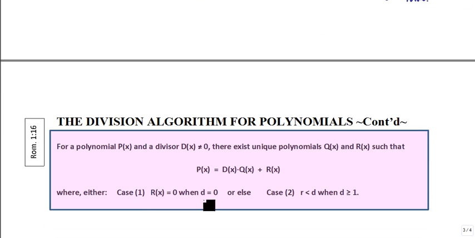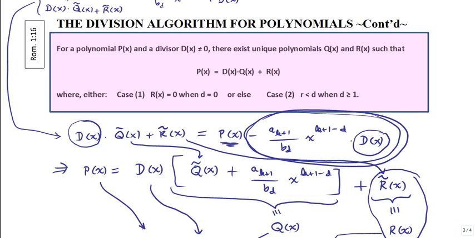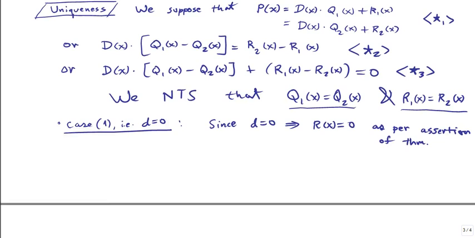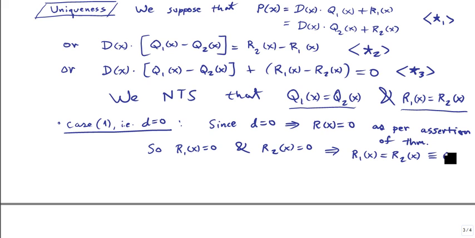The theorem was asserting that when the degree of the divisor is 0, then the remainder polynomial has to be 0. Okay, so if the remainder polynomial is 0, this implies that r1 of x is 0, and in fact r2 of x is 0, and so r1 of x is equal to r2 of x, and they're both equal to 0.